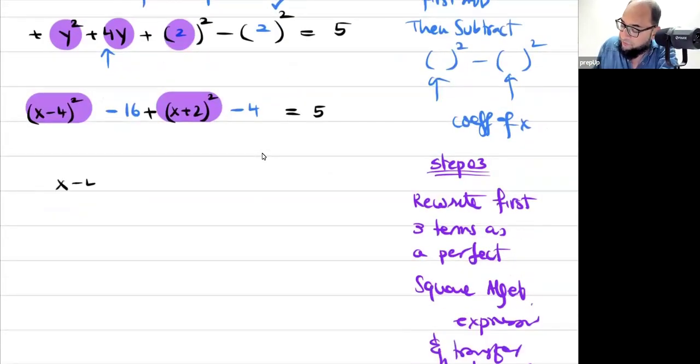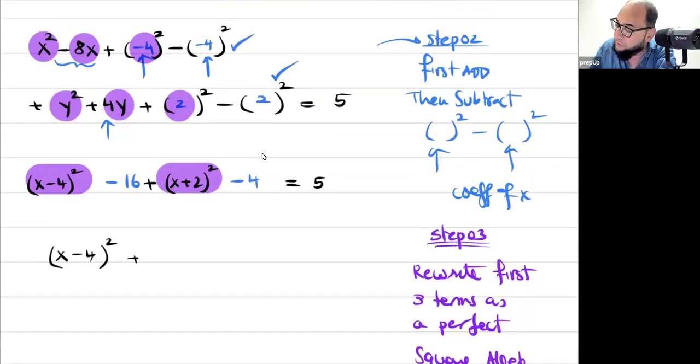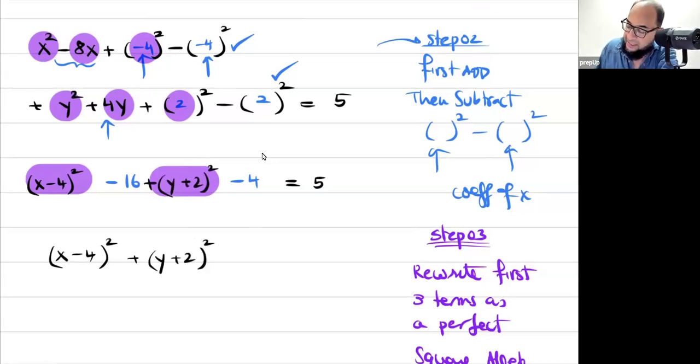So (x − 4)² plus, actually the next one is not x, that is y, my bad. Let me just erase this. Okay. This is (y + 2)². And this is (y + 2)², −16, −4, −20 taken to the other side, that is 5 + 20.